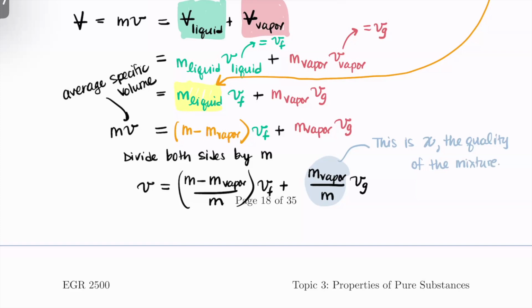So this thing goes from 0 to 1. If quality is 0, then it's a purely saturated compressed liquid. And if it's 1, then it's a purely saturated vapor, right? Okay, so that means that this is equal to 1 minus X times VF plus X times VG.